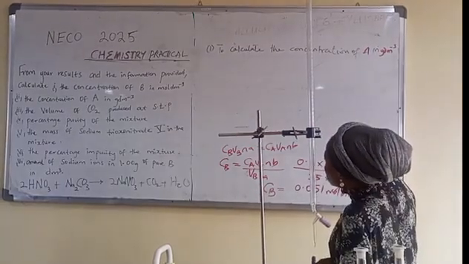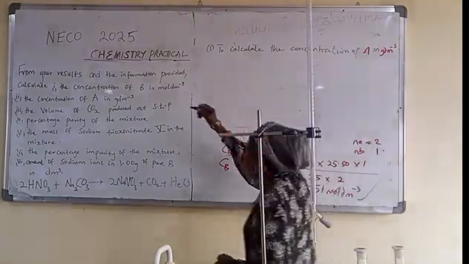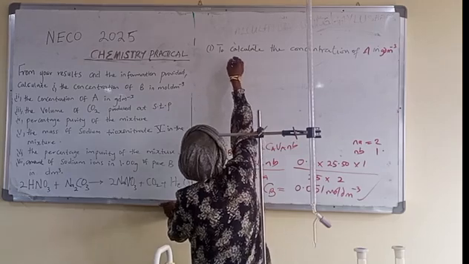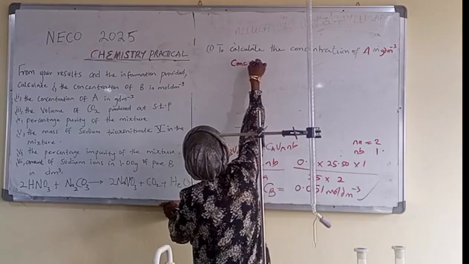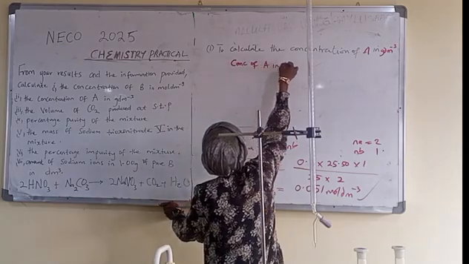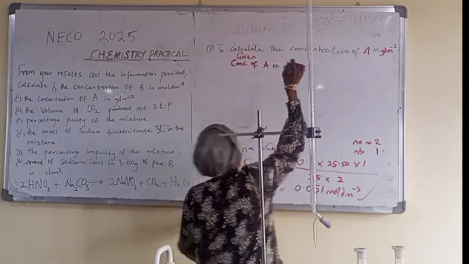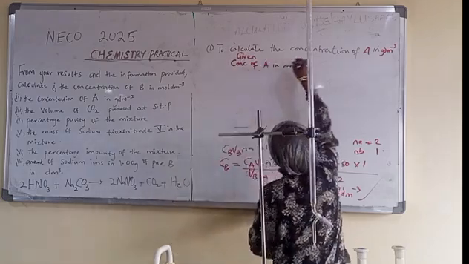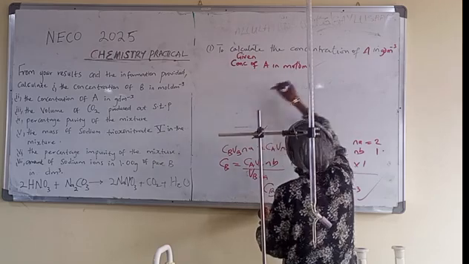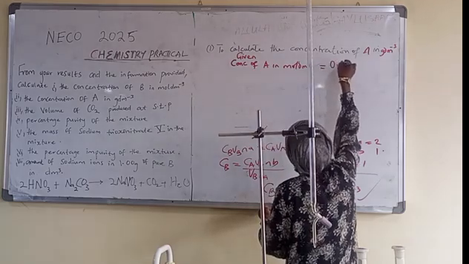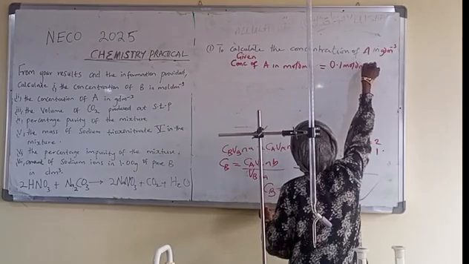It remains the concentration of A in gram per dm cube. From the information provided, the concentration of A in mole per dm cube was given in your question as 0.1 mole per dm cube.